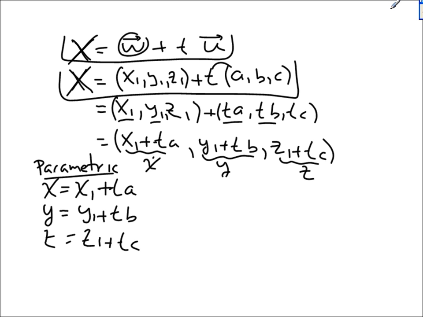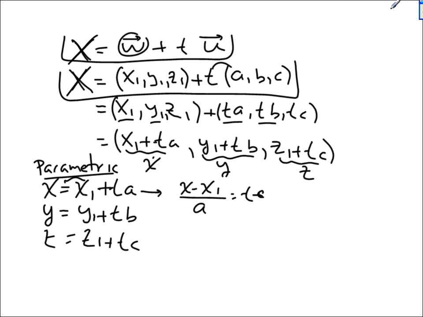Now, if I take each of these equations and I solve for t, then all those things that equal t are equal to one another. This first equation, if I bring the x1 over, it says that t times a is x minus x1. Now I divide by a.